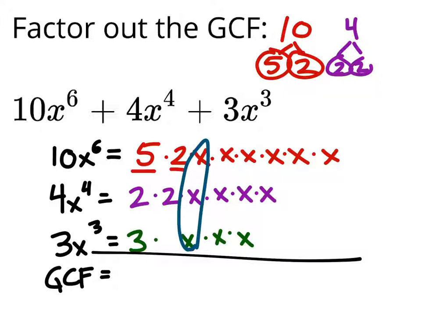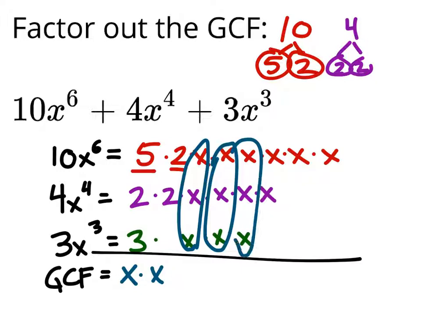So what I notice for this next part is I've got this set of x's, which are common, but it's only one factor for each, so it's only one x that's considered the greatest common factor. Well, it's not just one x, I've got another one that's common, and then another one that's common. So I've got 3 x's multiplied together, which is x to the power of 3.